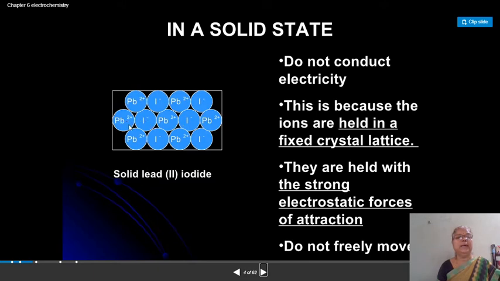In this lead iodide solid, the Pb2+ ions and iodide ions are tightly fixed in the lattice. They are held by strong electrostatic forces of attraction and they are not free to move. So, solids do not conduct electricity.